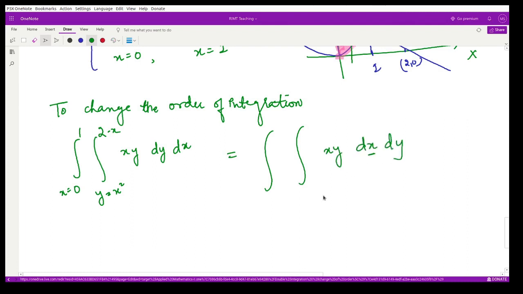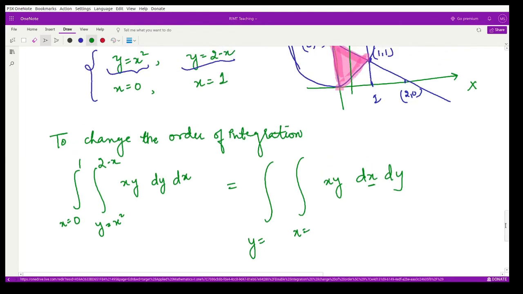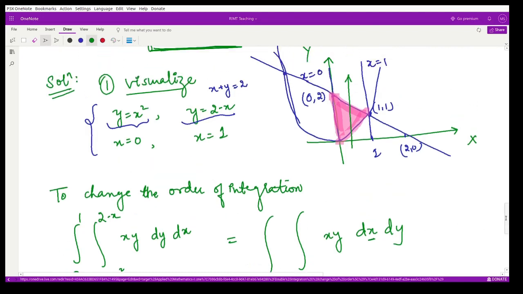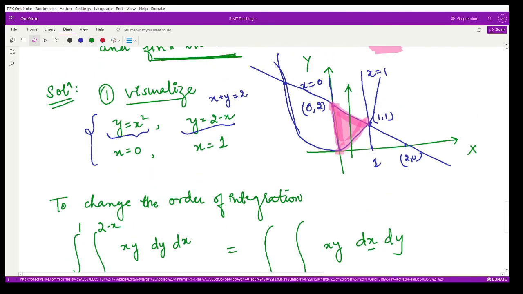That means you first have to write the limits of x and then the limits of y. But you do not know yet what the limits are. So you will determine these limits from this figure. From this figure, you have to determine what is the value of x and what is the value of y.